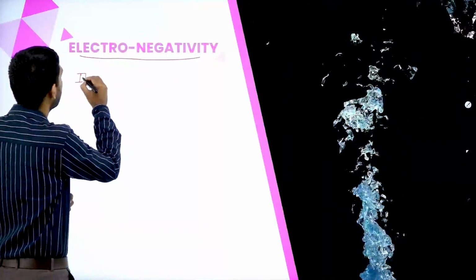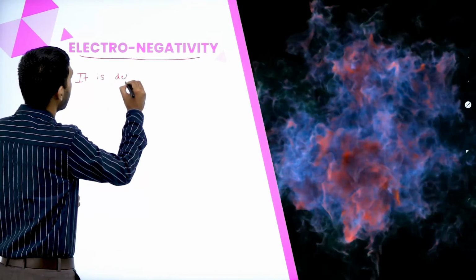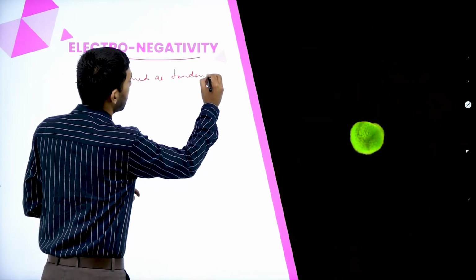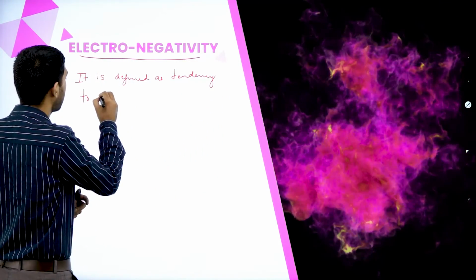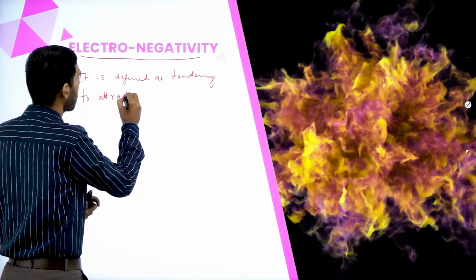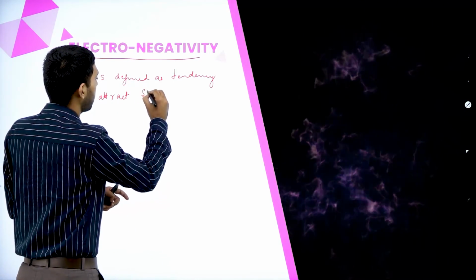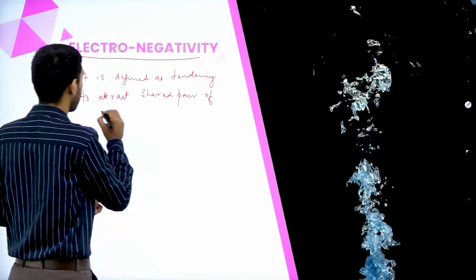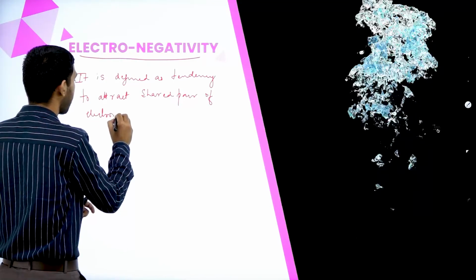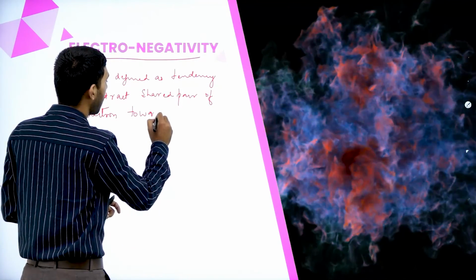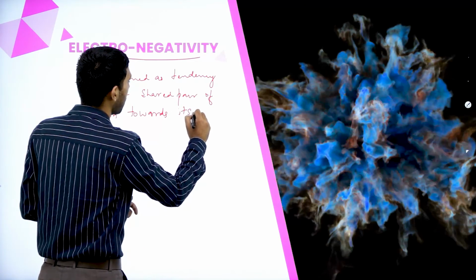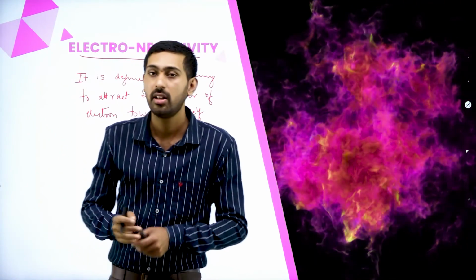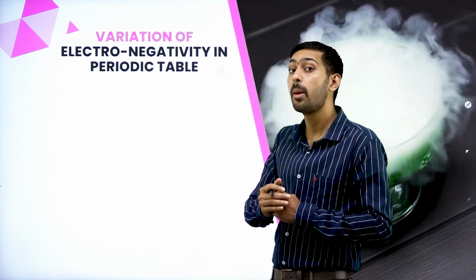It is defined as a tendency to attract shared pair of electrons towards itself. This is called electronegativity. Now let us study how it varies in the periodic table.